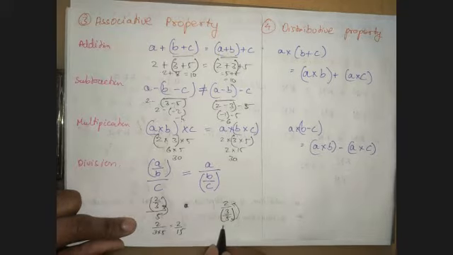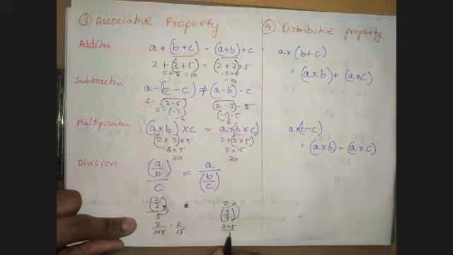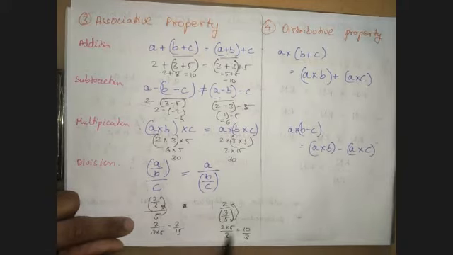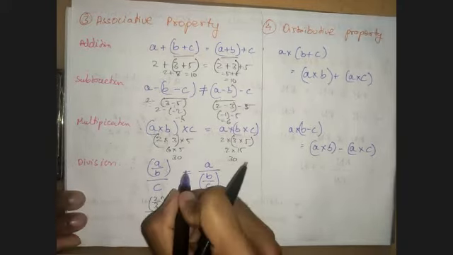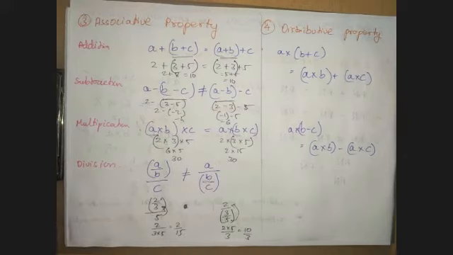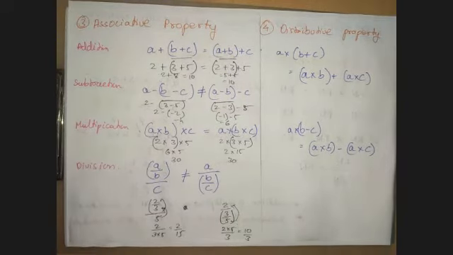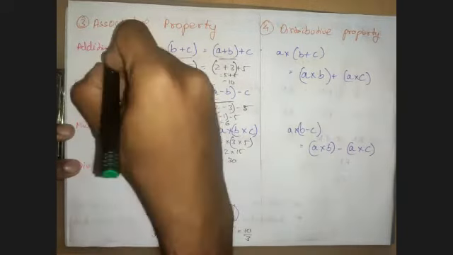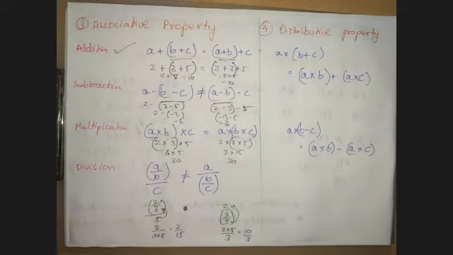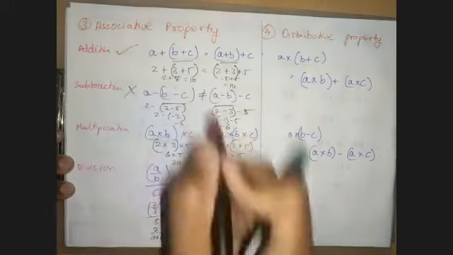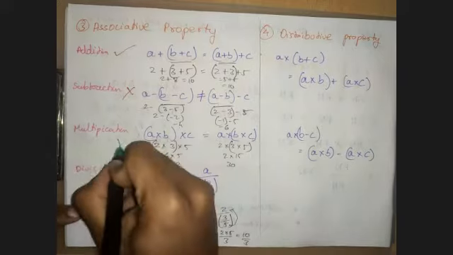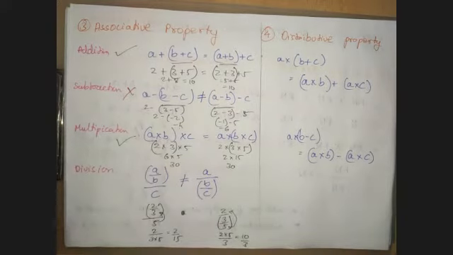This would be equal to 2 into 5 by 3, which is 10 by 3. So 2 by 15 is not equal to 10 by 3, so division is not associative. In the associative property of rational numbers, addition is associative and subtraction is not, multiplication is associative and division is not.